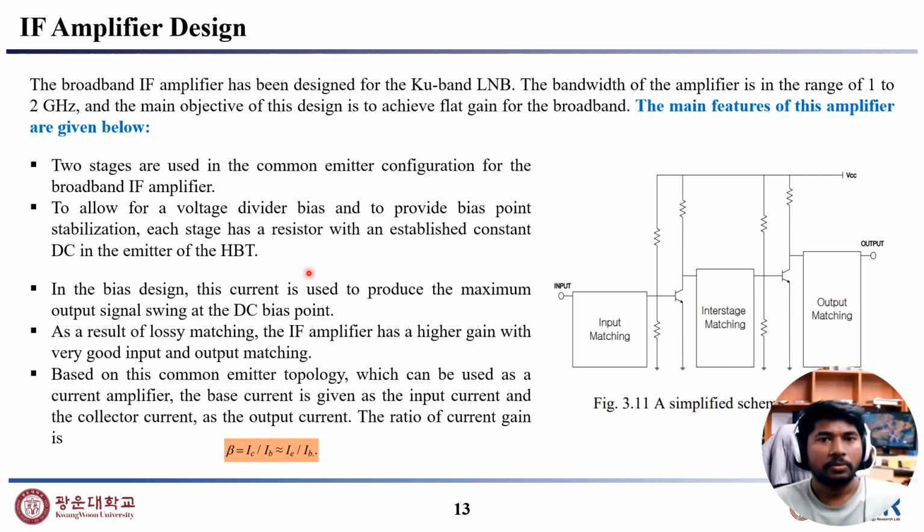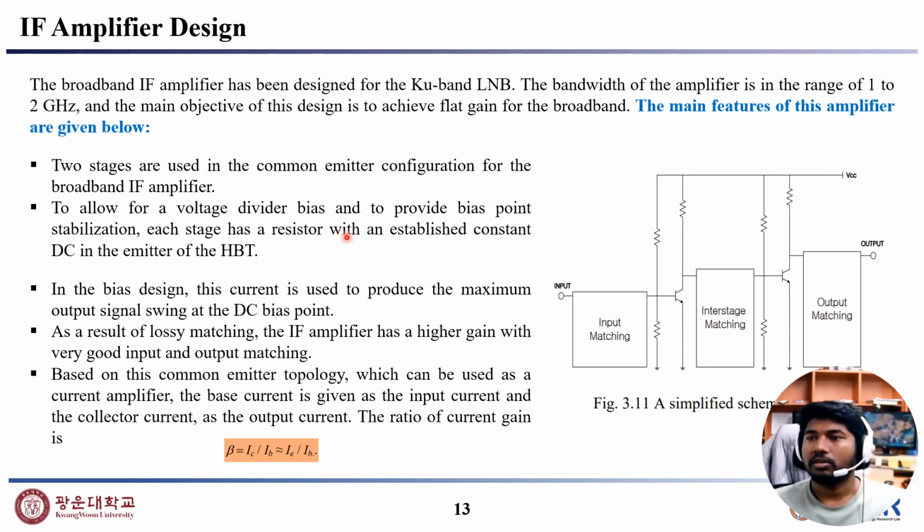Now about amplifier design. So first the IF amplifier design. The broadband IF amplifier has been designed for Ku band L and B, and the bandwidth of the amplifier is in the range of 1 to 2 gigahertz. And the main objective of this design is to achieve gain for the broadband.